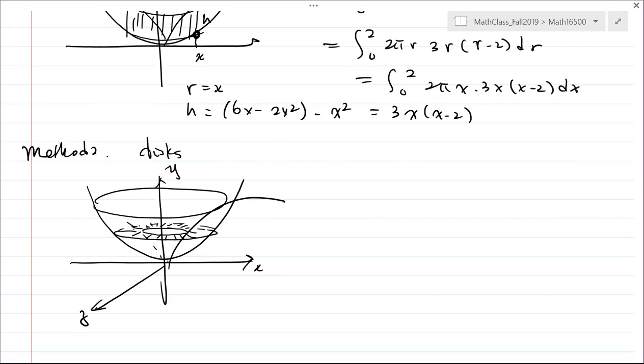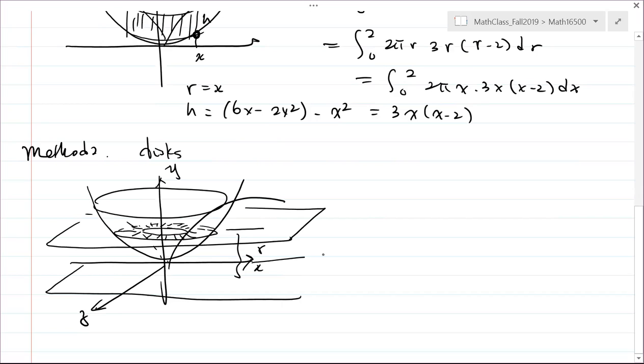In advanced mathematics, we do not use the y variable directly. We still use r. This is the distance to the yz plane. Actually, what you're doing here is using a family of planes to cut. The distance between these two will be r.